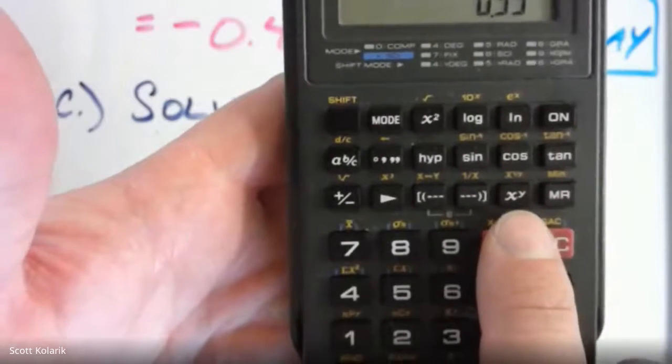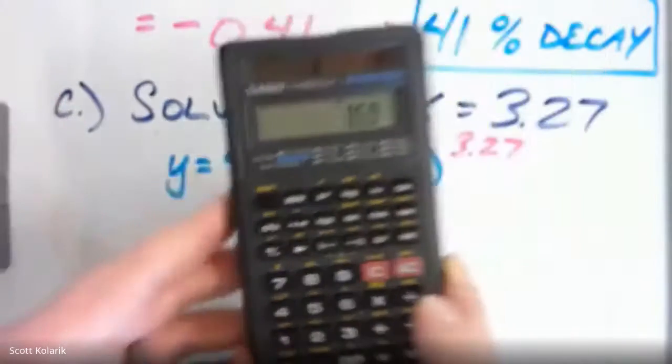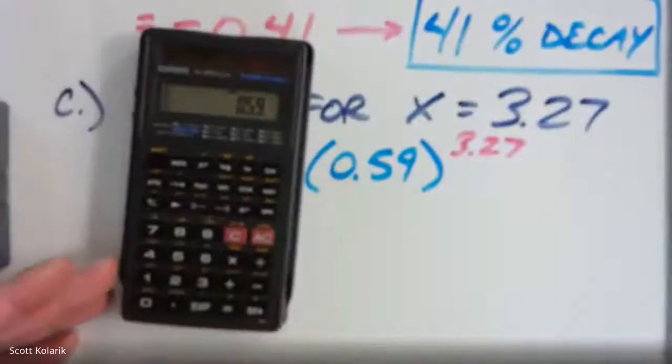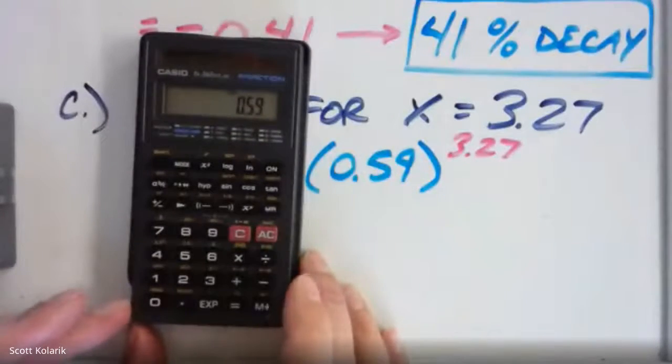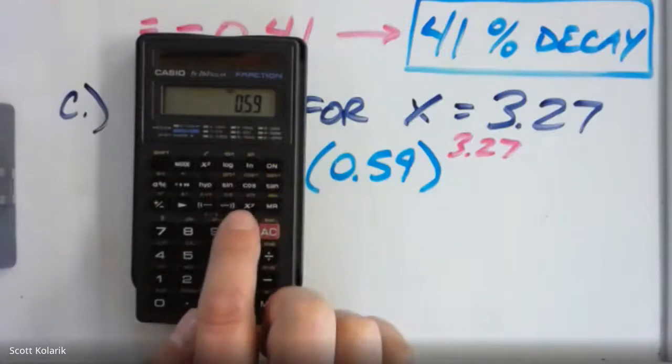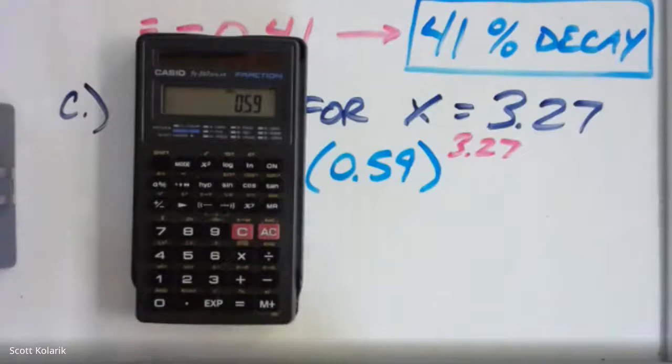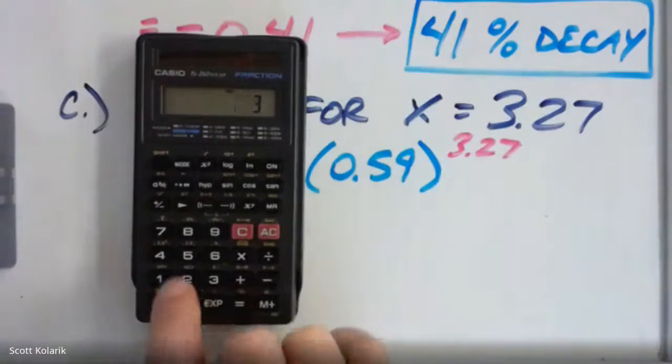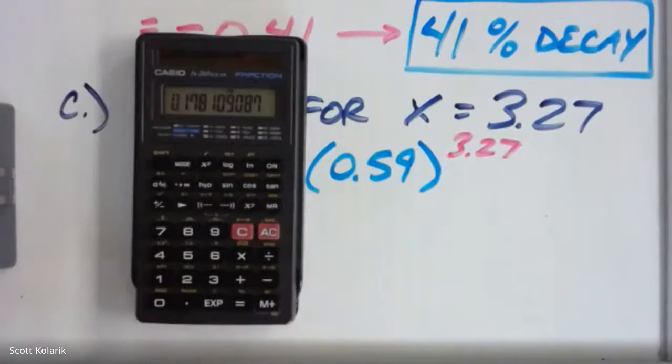That button allows you to customize an exponent. If I want to raise this to the 3.27 power, I'm going to press that button. It's now waiting for that exponent, 3.27. When I hit equals, it gives me a very gross decimal.